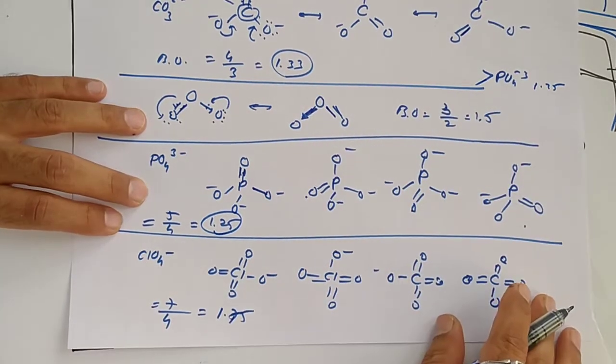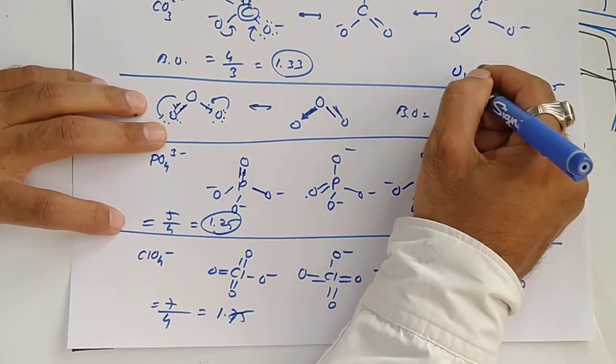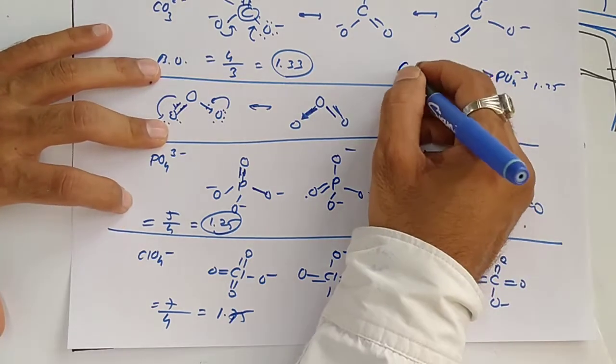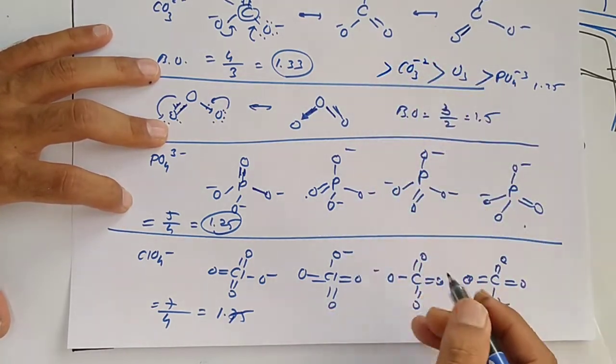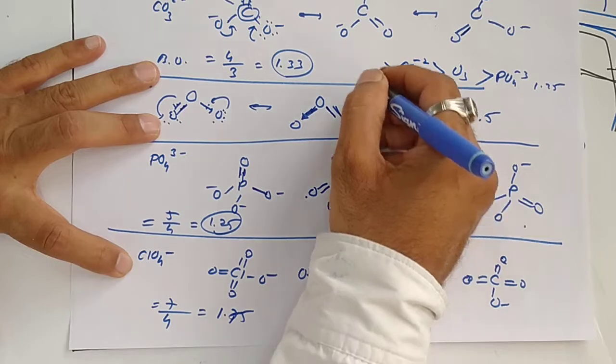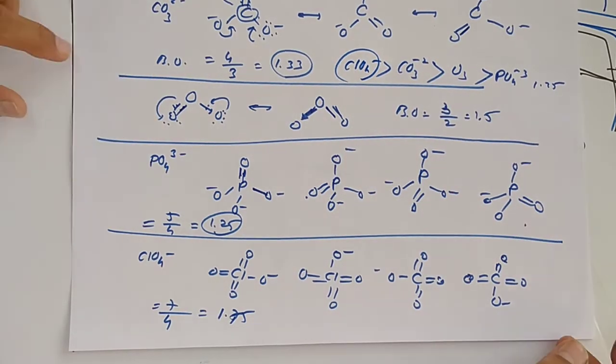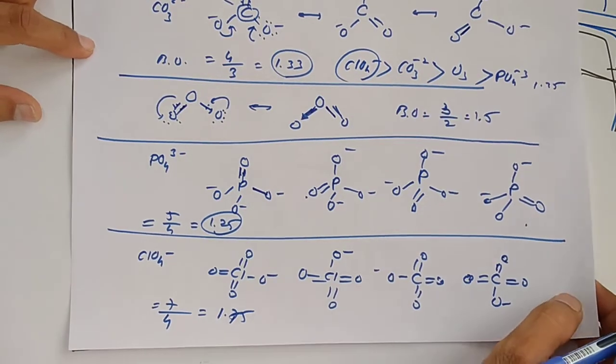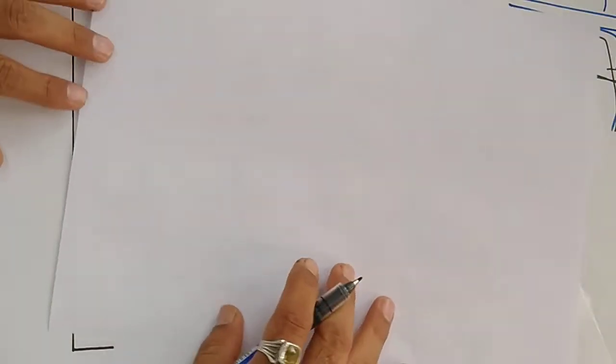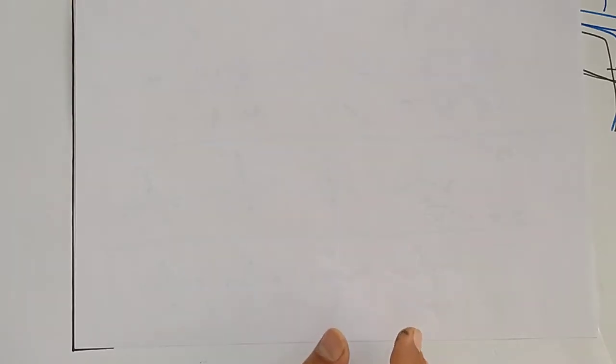Then after that ozone, 1.5, then carbonate, 1.33, and then ClO4 minus, having the highest bond order. Understood? And whenever bond order increases, stability increases. Understood? With increasing bond order, stability increases.